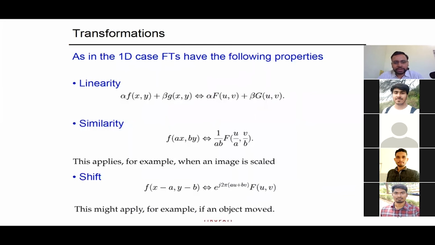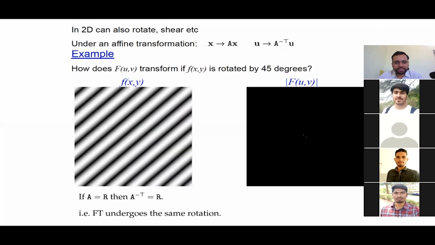So then we talked about this. These are pretty straightforward. You just go through that. And then another important thing, which you have already seen, but I would like you to try out mathematically: when you rotate the object, what would happen to the Fourier domain of it. Of course, you have already seen from the cosine example itself that this orientation would be the same as this.